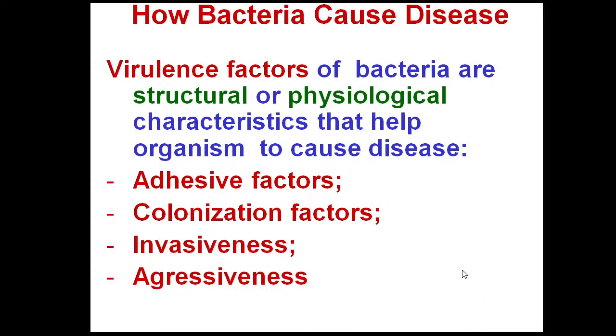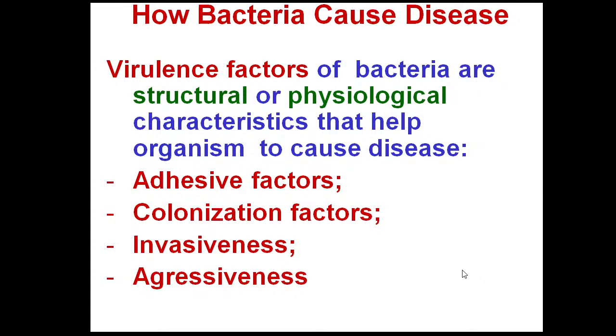Virulence factors of bacteria are structural or physiological characteristics that help organisms to cause disease, and we may broadly subdivide them into several categories. And these categories coincide with the usual stages of infection in humans.